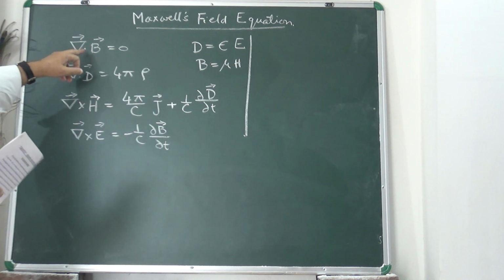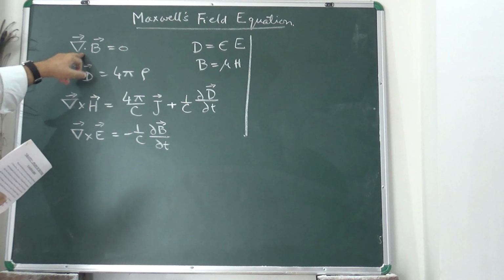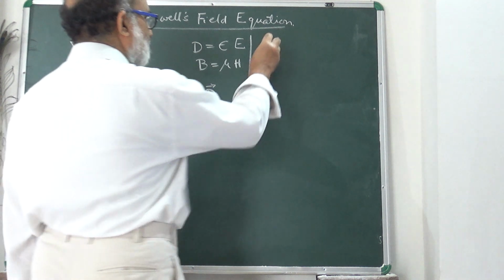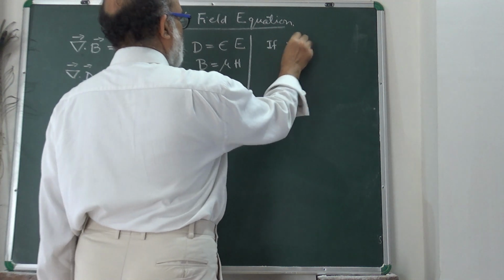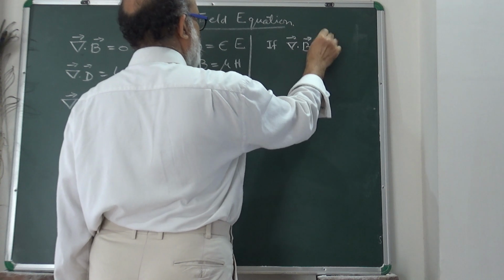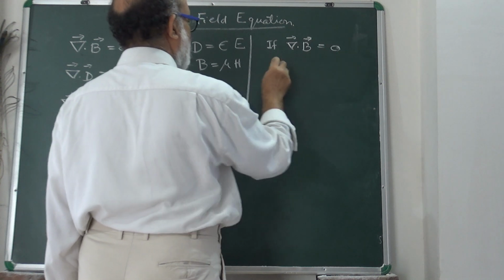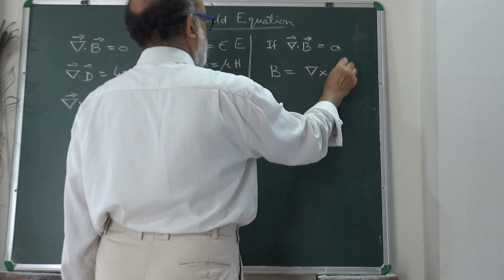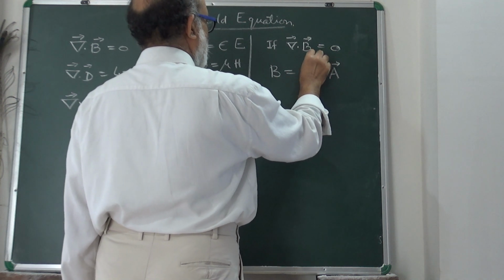Now this divergence of B is 0 can be written as, if divergence of B is 0, then B can be written as curl of A, where A is the electromagnetic field.